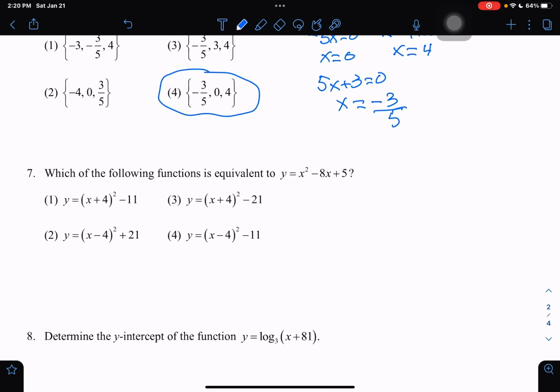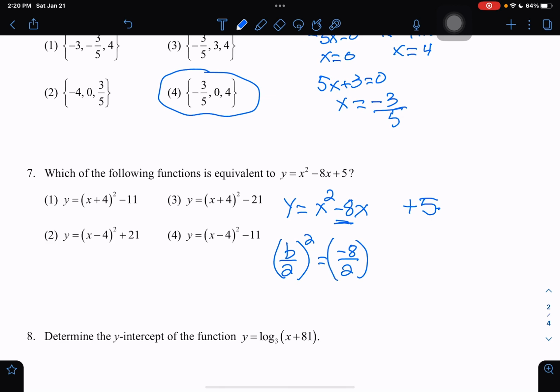Next one. We can make this equivalent by completing the square. x squared minus 8x, we're going to leave a little space there with the x terms, plus 5. We take this number, which is b, and we do b divided by 2, and then square it. So in this case, it's negative 8 divided by 2 squared, which is negative 4 squared.